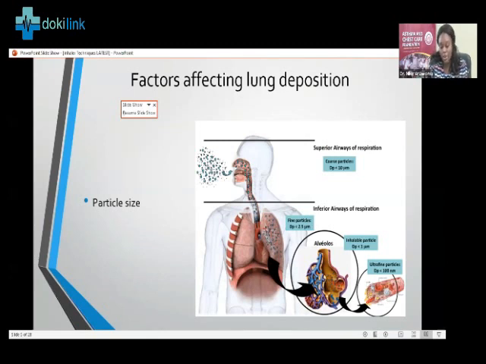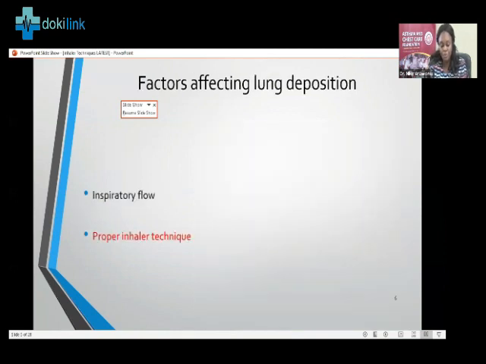Particles between 0.5 and 5 microns, however, have optimal bronchoalveolar deposition. Thankfully, most of the current devices we have available generate aerosols with a significant proportion of their particles in the range of 0.5 to 5 microns.